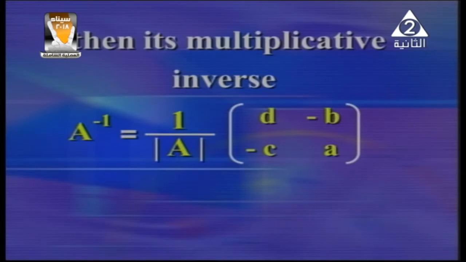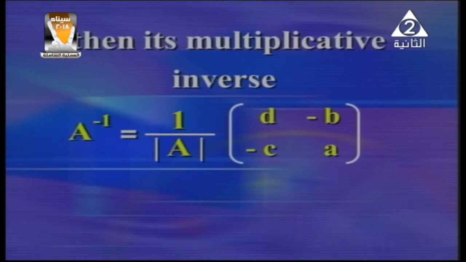Look, student: the inverse of the matrix is 1 over the determinant of A multiplied by a matrix in which we swap the elements of the principal diagonal and change the sign of the elements of the second diagonal.